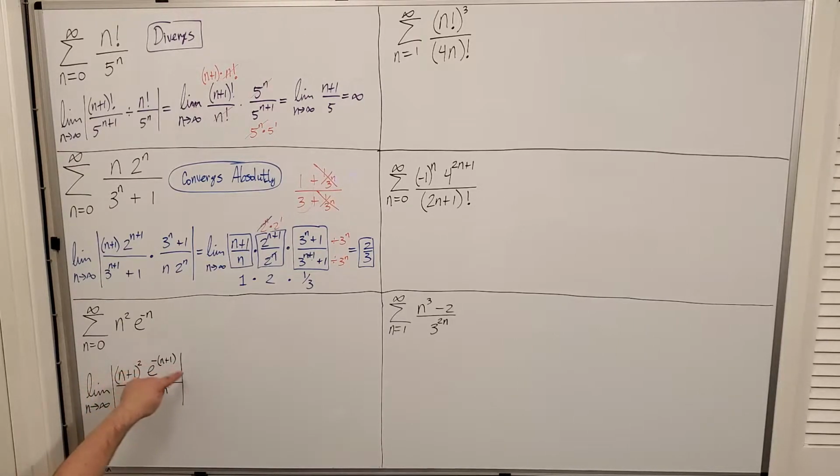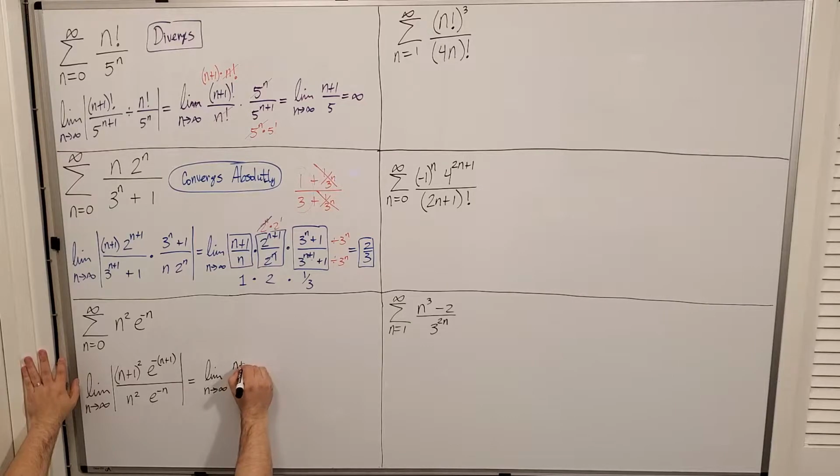So that's the n plus 1 term on top, and then that's the normal n term right there that we've been dealing with. So then this is going to be equal to the limit as n goes to infinity. And I'm just going to split this up right here. I've got the n plus 1 squared over n squared. But we already know what happens to that piece. I have an n squared over an n squared. The limit of that one is going to 1.